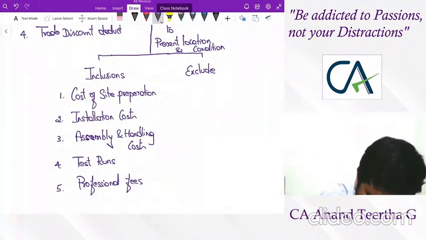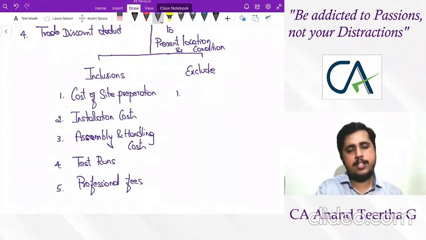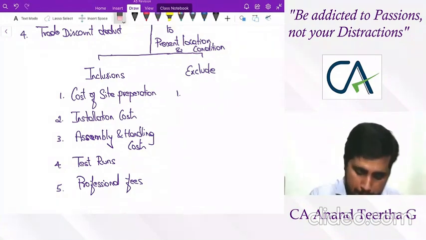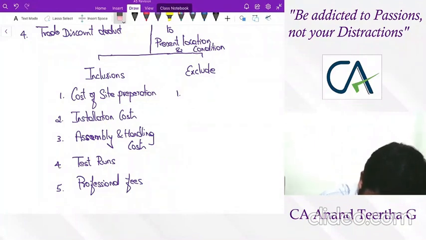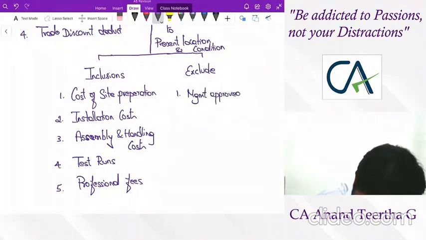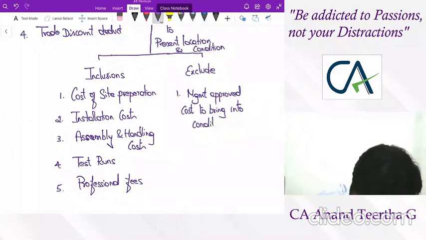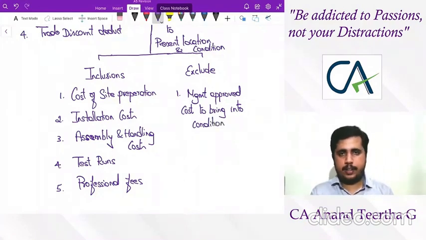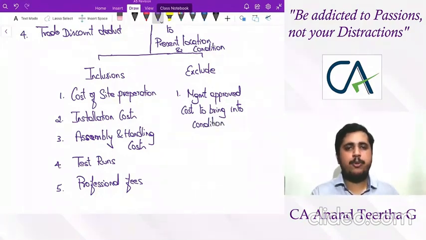Next, what are the exclusions you have? What is excluded from the directly attributable cost point of view? Now, management has approved the asset, but still if there are any costs to bring it into condition, those costs are excluded. For example, the management has approved a particular asset.